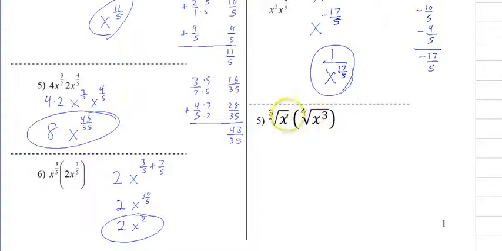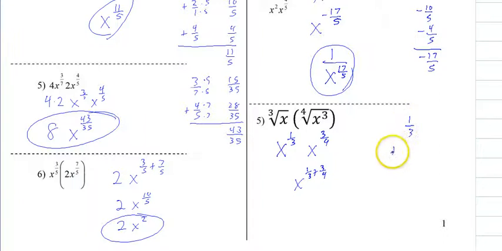Alright, so here's one nice little application of it. Looking at this, the roots are not the same. So we can't place them both in the same root because you can't pick 3 or 4. So if we rewrite them with rational exponents, we can now use the rule, which means if you multiply, you add the exponents.